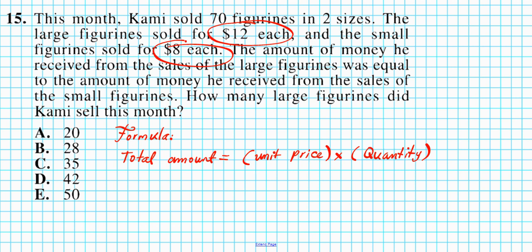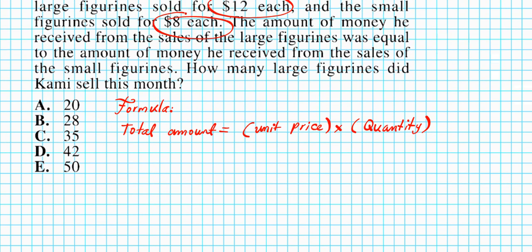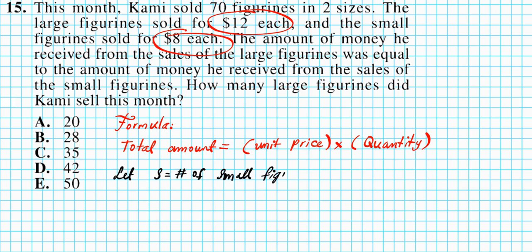Now let's declare our variables. Even though we're just looking for large figurines, we need to declare the other unknown, which is small figurines, the number of small figurines sold. Okay, so let S equal the number of small figurines sold, and how about we let L be equal to the number of what?